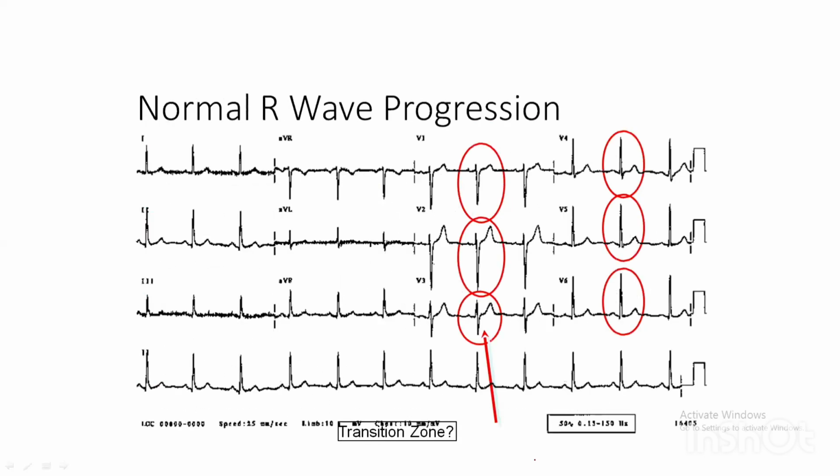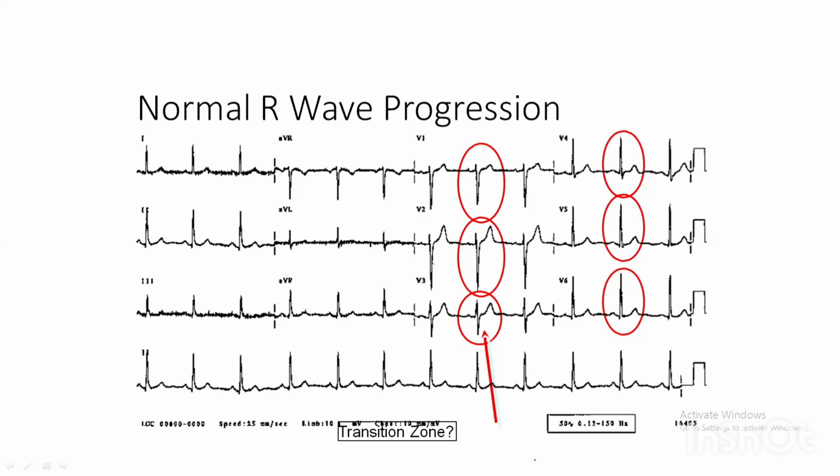Now, normal R wave progression. We can see the R waves normally progress from lower height to upper height. So we call it normal progression of the R wave. That means if we go from V1 to V6, R wave height increases and S wave height decreases. You can appreciate this here.